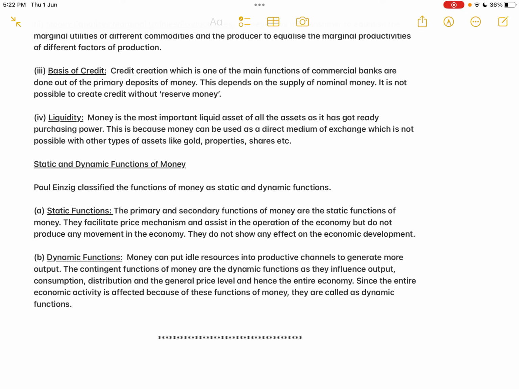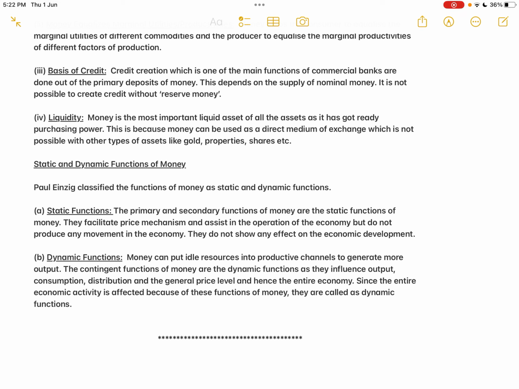As long as it is remaining in the form of deposits, it is not doing anything for the generation of income or production in the economy. It is remaining like idle money without being used. That is a static function.